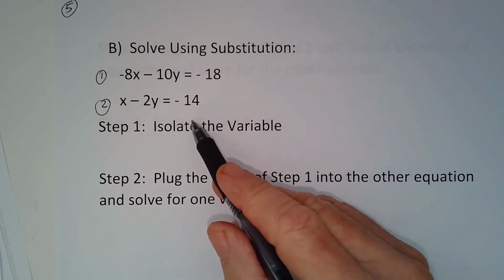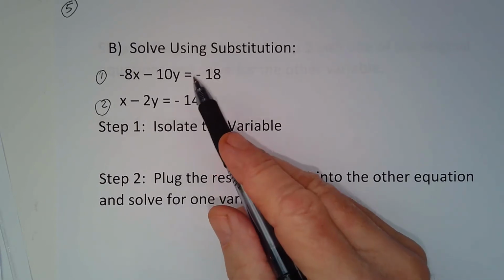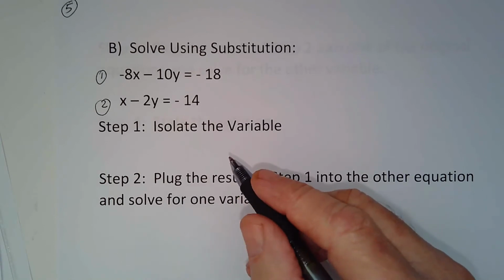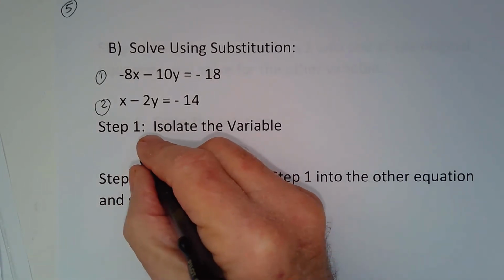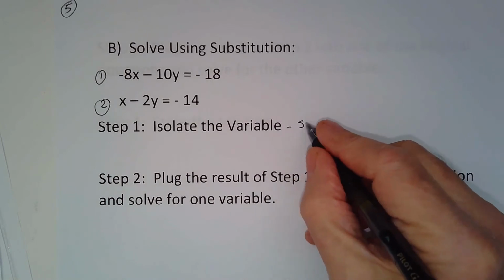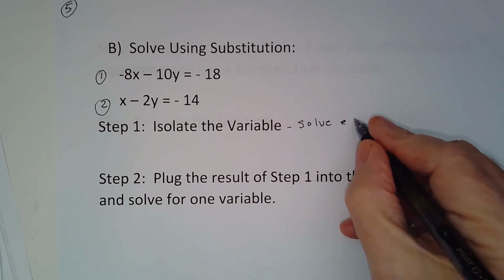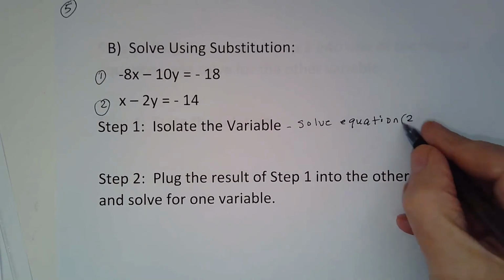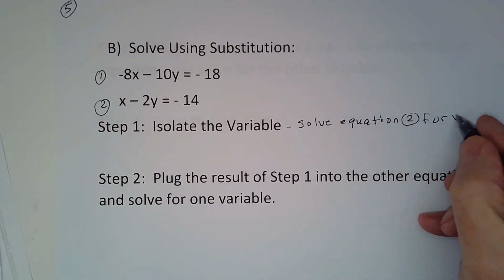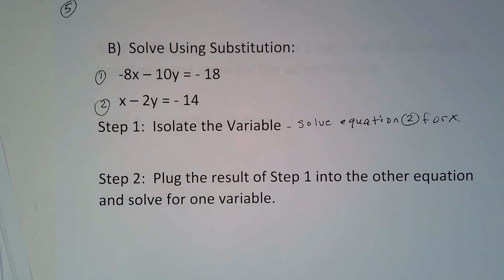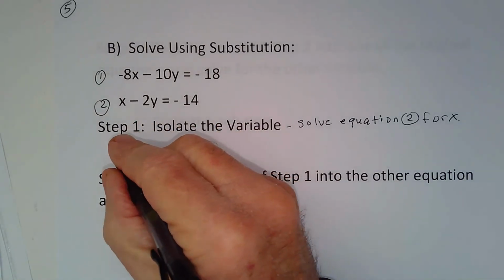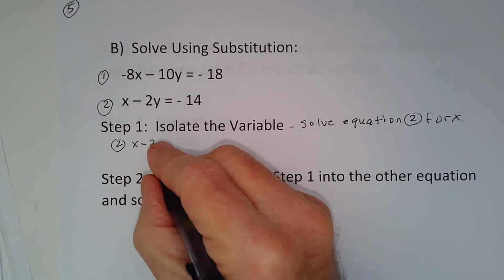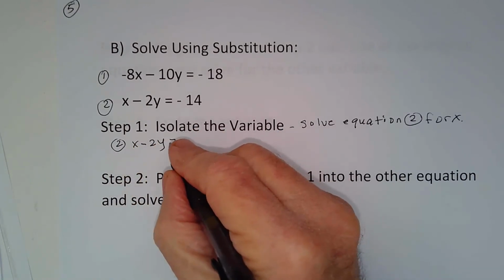And then I'm going to take that information and plug it into equation 1. So let's start out. We're going to solve equation 2 for x. So that means we're going to take equation 2, which is x minus 2y equals negative 14.